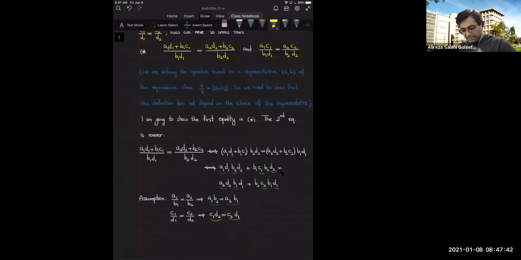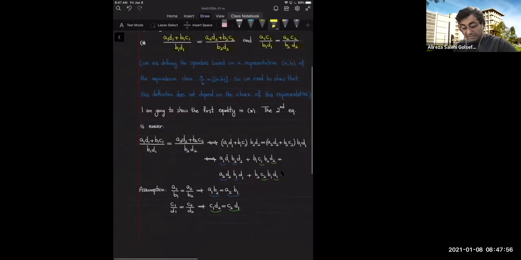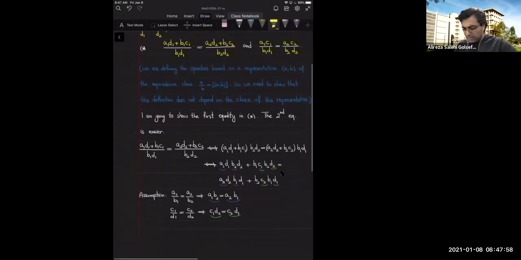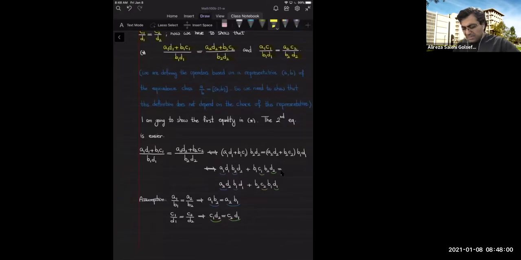Okay, so again, A over B is the equivalence class of the pair A comma B, and if I choose another representative from the same equivalence class, I have to get the same result. The second equality is actually rather easier than the first one, so I will check only the first one, why the addition is well defined. Multiplication is a bit easier.